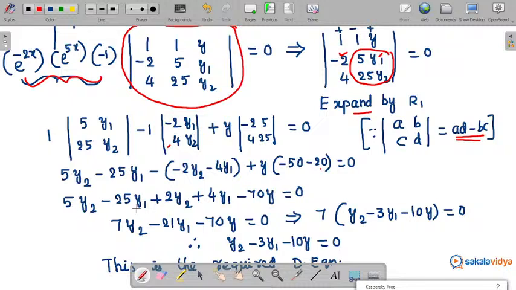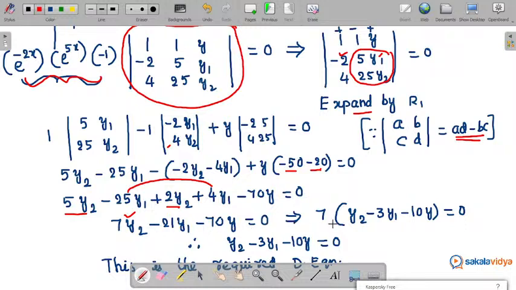So 5 y2 minus 25 y1, plus 2 y2, plus 4 y1, minus 50 minus 20, that is minus 70 y, equals 0. So now 5 y2 plus 2 y2 is 7 y2, minus 25 y1 plus 4 y1 is minus 21 y1, and minus 70 y is equal to 0.